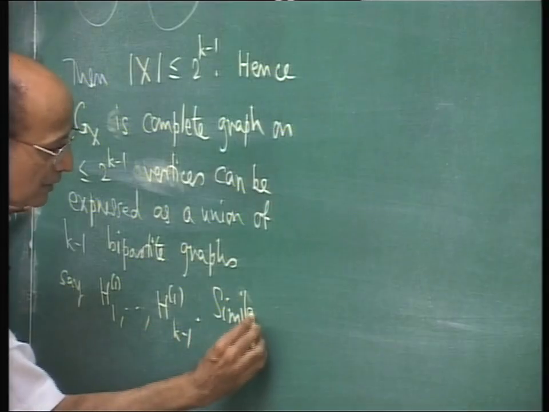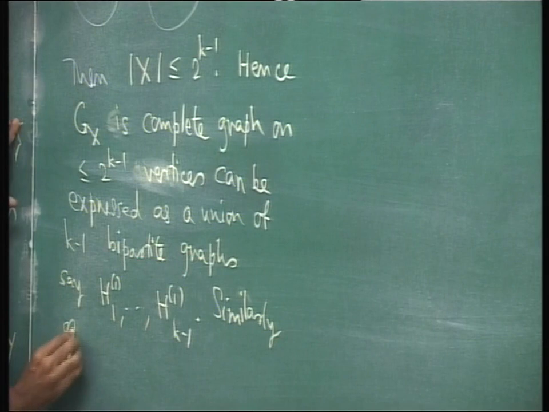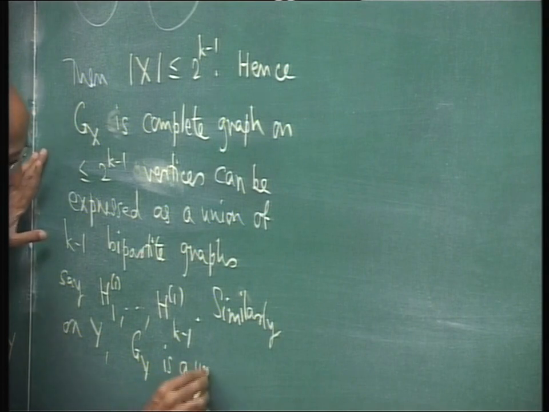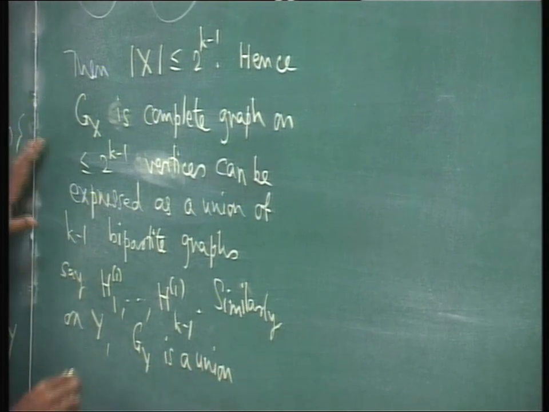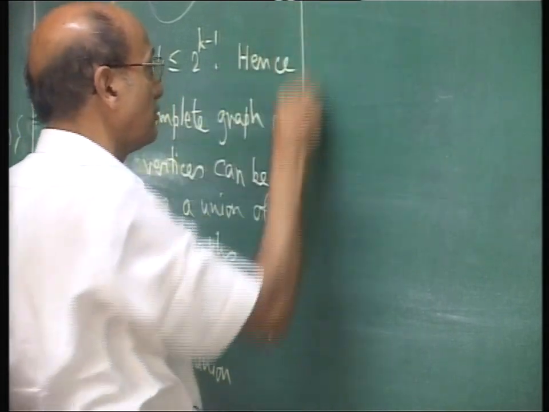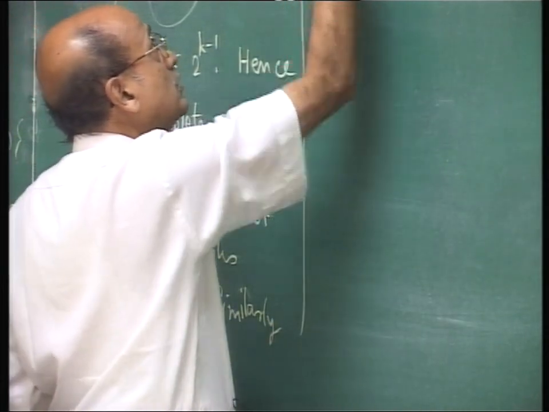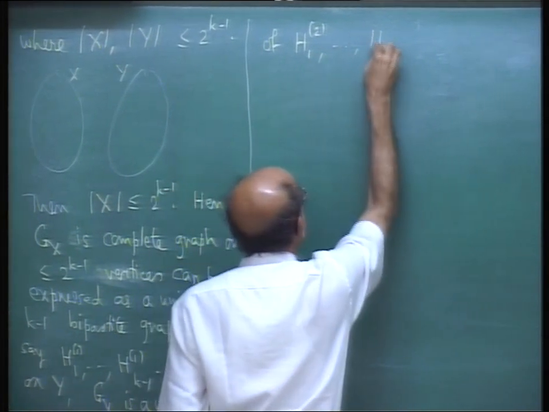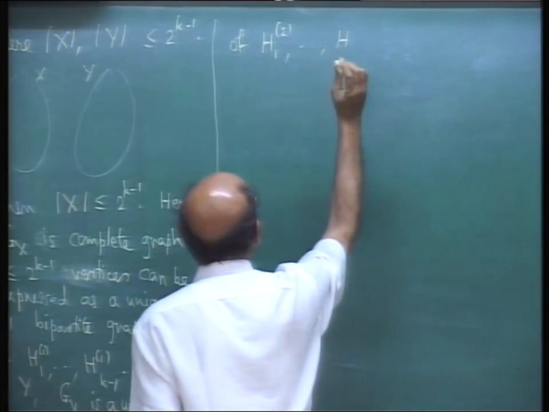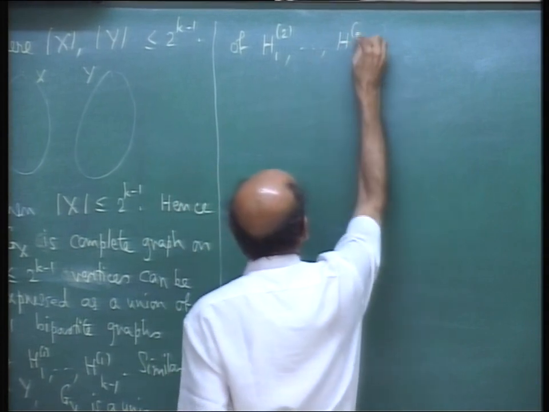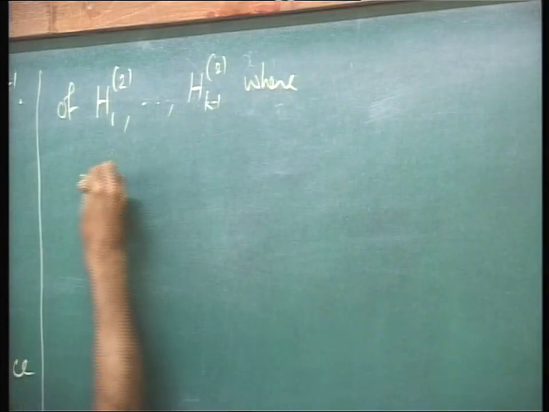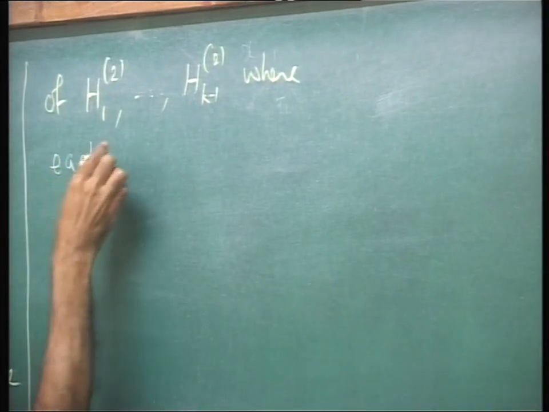Similarly on y, it is a union of H sub 2k minus 1, where each is a bipartite graph.